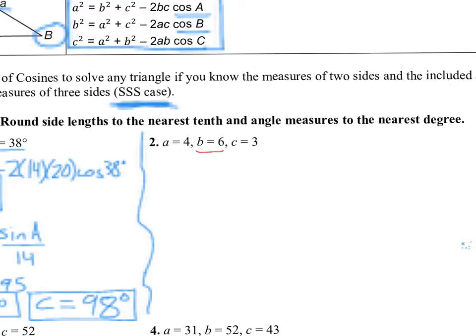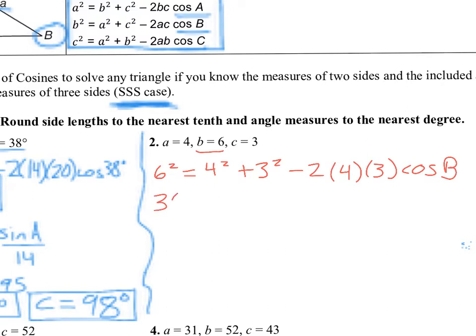So I'm going to use the second formula again because I want to know angle B. So this is 6 squared equals 4 squared plus 3 squared minus 2, and then the numbers we just used but without the squares, times cosine of B. Alright, so we're trying to get cosine of B alone, so I'm going to simplify. 6 squared is 36.